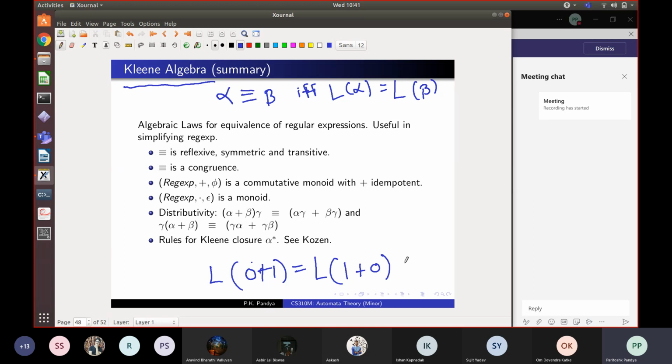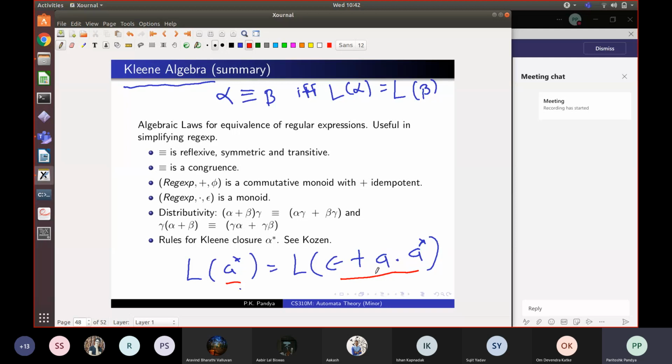There will be more complicated examples. Let me take a more complicated example. Language of A star is equal to language of epsilon plus A followed by A star. Do you agree? These two regular expressions, A star and epsilon plus A followed by A star, have the same language.